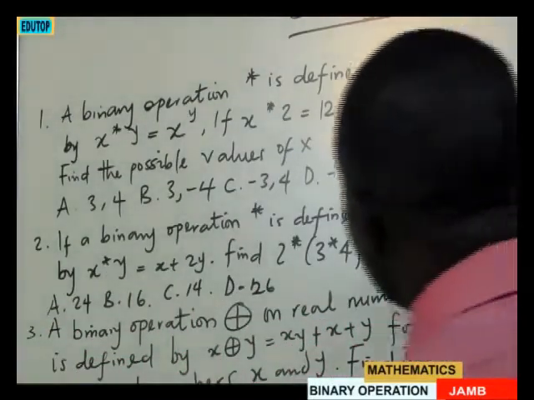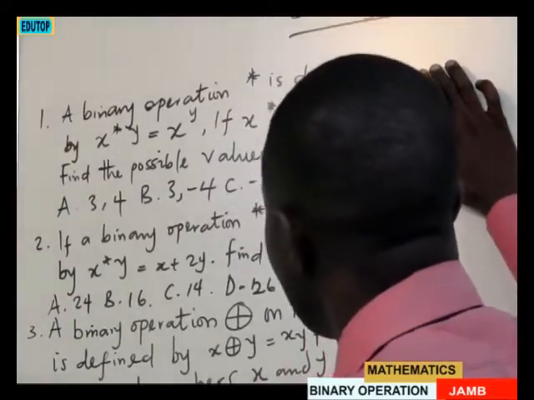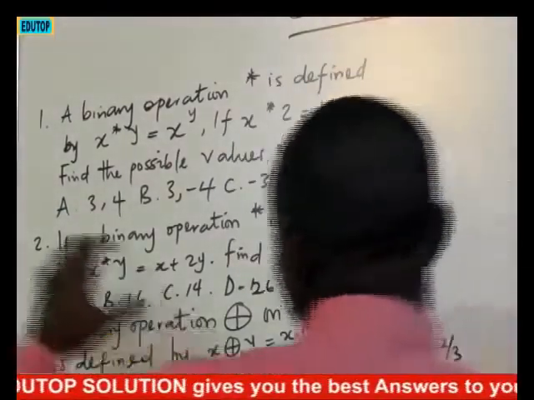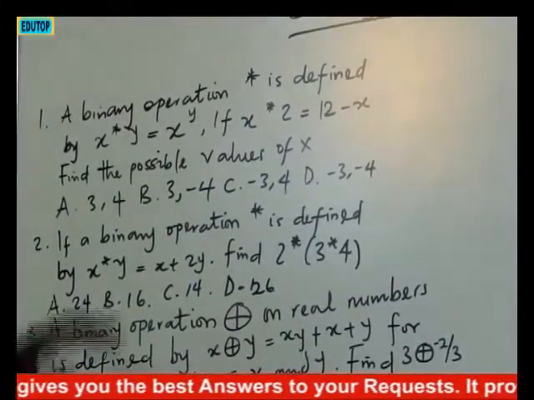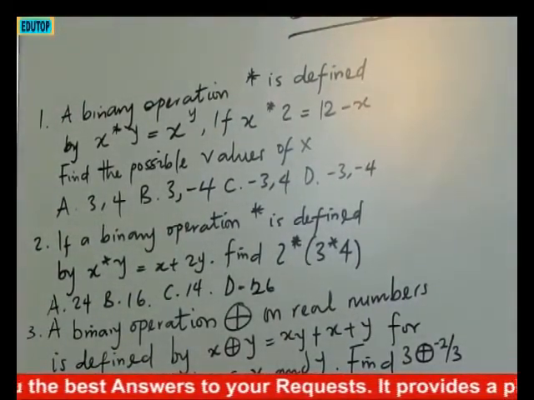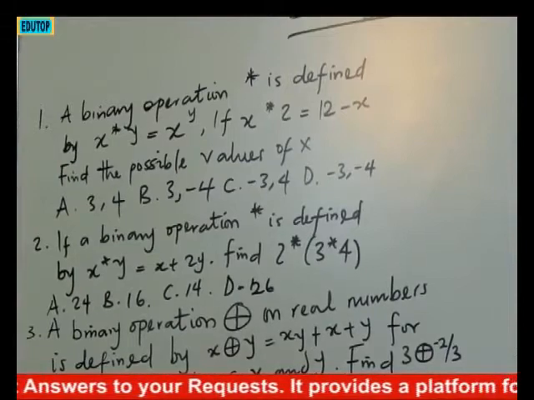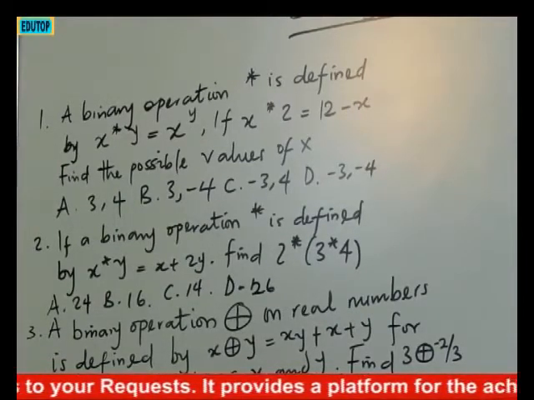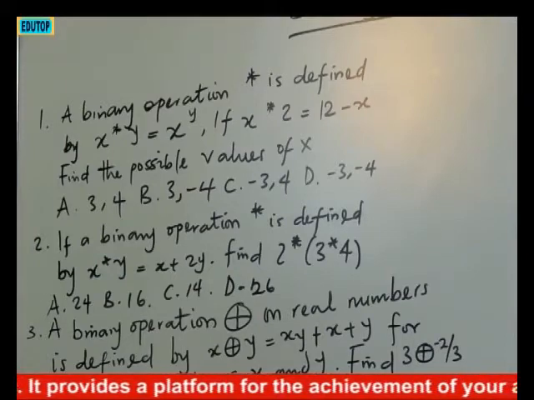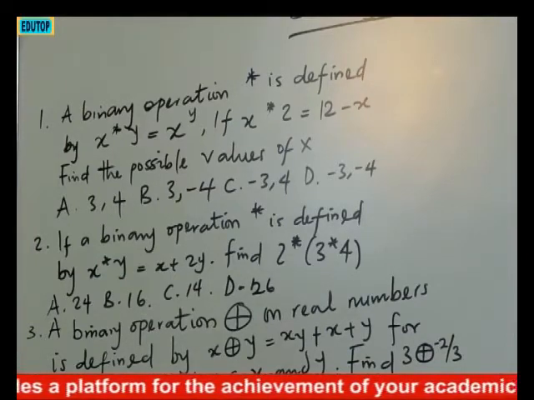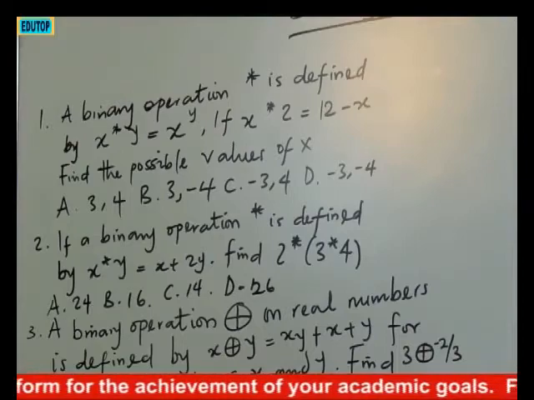So let's see these questions and the approach to solve them within the shortest possible time. So let's see the first question. A binary operation star is defined by x star y equals x raised to power y. If x star 2 equals 12 minus x, find the possible values of x.